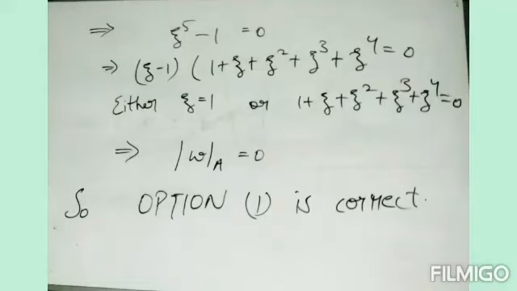Therefore, either psi minus 1 is equal to 0 or 1 plus psi plus psi square plus psi cube plus psi raised to power 4 is equal to 0. That's why we put the numerator equal to 0. As w A w transpose is equal to 0, therefore the norm of w in A is equal to 0. Hence option 1 is the correct option.